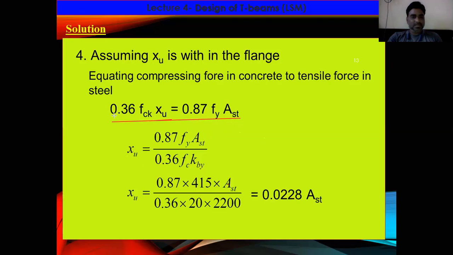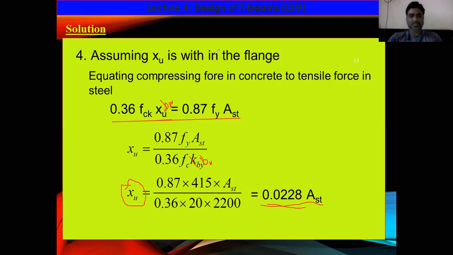I think here something is missing; this is 0.36 fck xu into bw. Don't forget this, another term bw will come, right? From this equation, you can determine the depth of neutral axis in terms of area of steel, right?